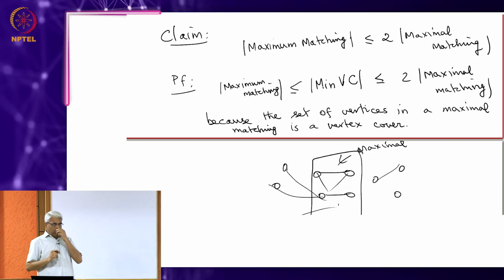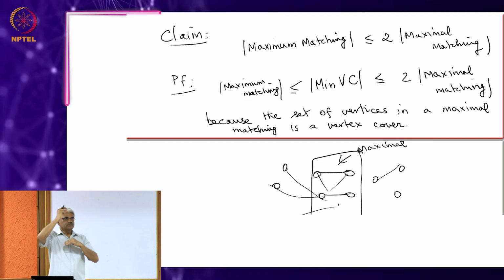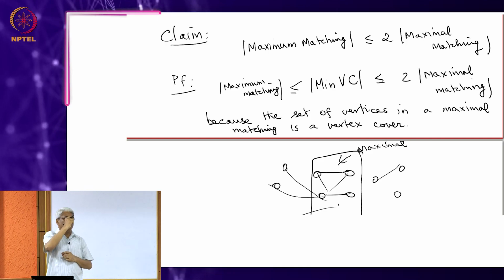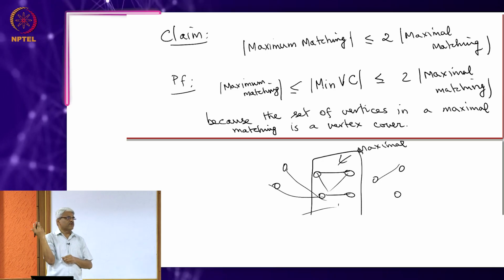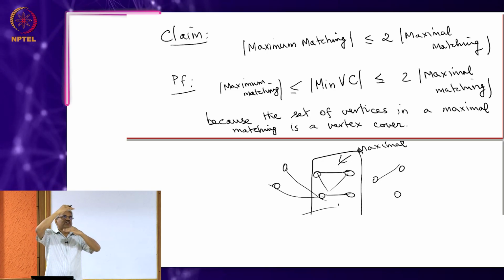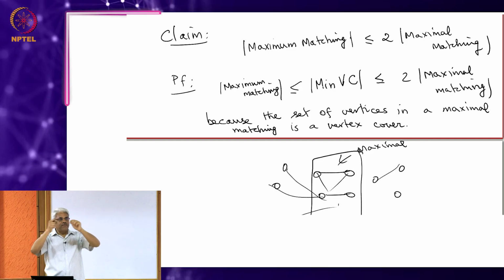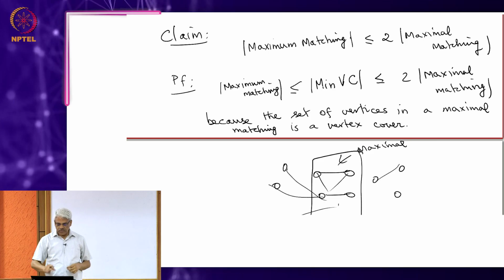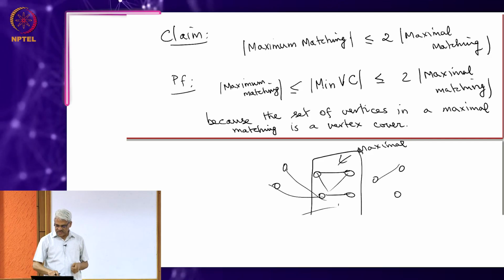Because if you take any matching for that matter, each matching edge requires one vertex to be in the vertex cover. These are all disjoint, so one vertex cannot cover multiple edges. For each edge in the matching you need at least one vertex. So, any vertex cover should have size at least the size of the maximum matching.